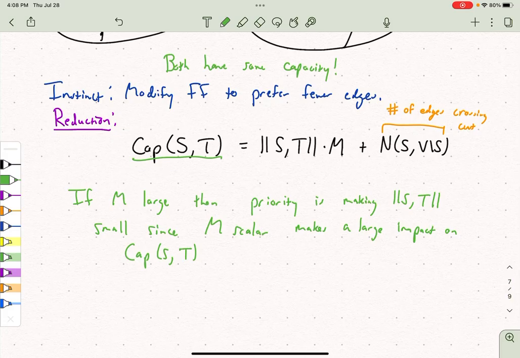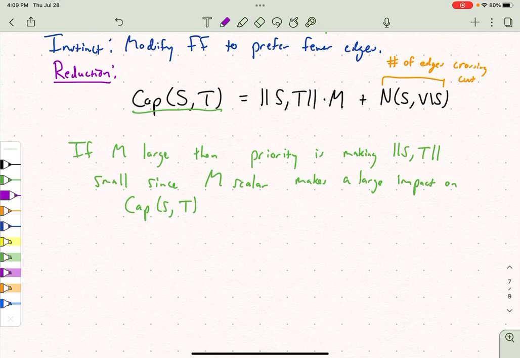Whereas if you just change the N variable, it's not going to have as much of an impact if this capital M is huge. So the idea here is we're prioritizing making the capacity small, but if you had a bunch of cuts with small capacity, then you're going to tie break by making the N small.